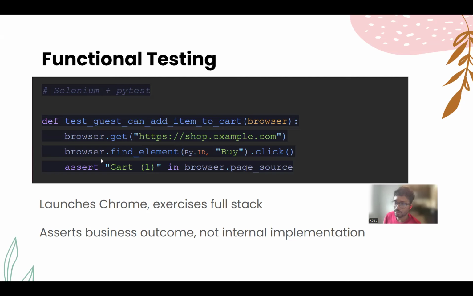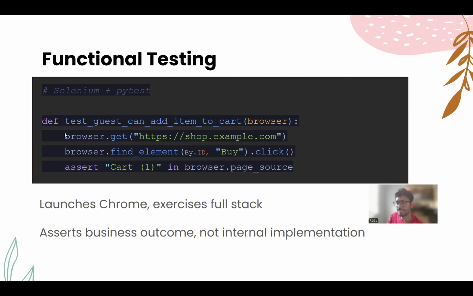If you know HTML, browser.find_element will look for that particular DOM object referenced by that ID. And .click is going to just click and perform an action. And then here is an assert of cart of one in browser.page_source. So it's going to check if the cart has been updated to one or not. That's all. It's very simple.